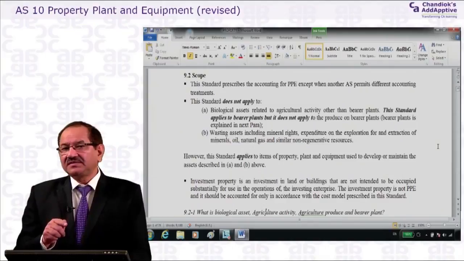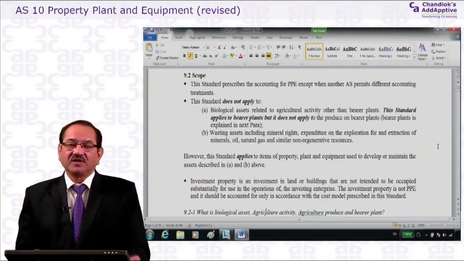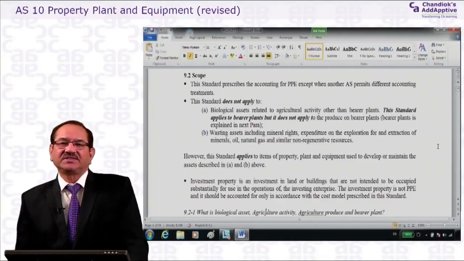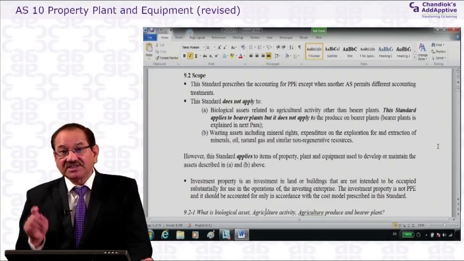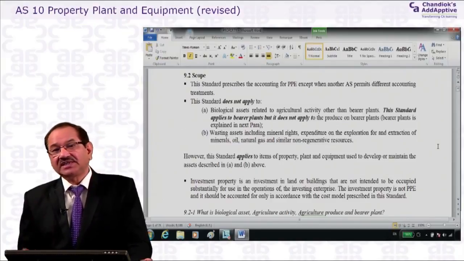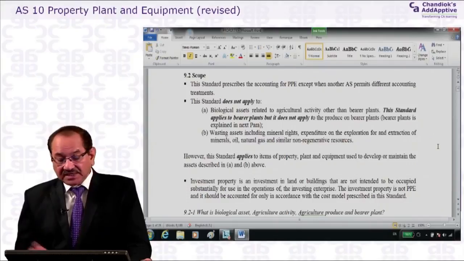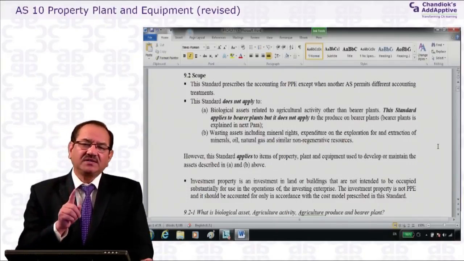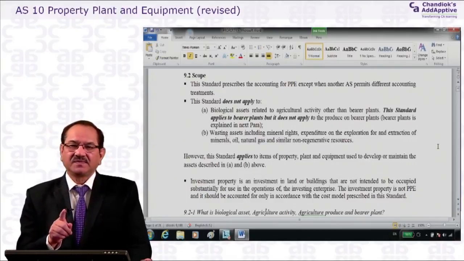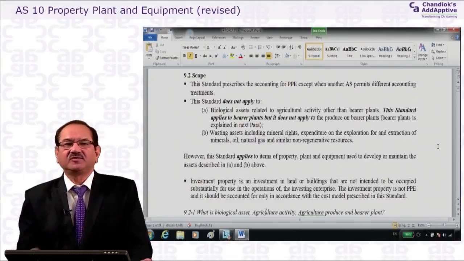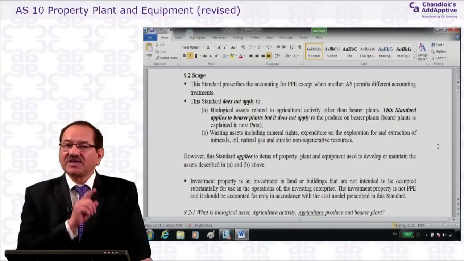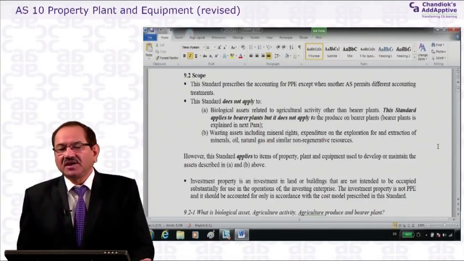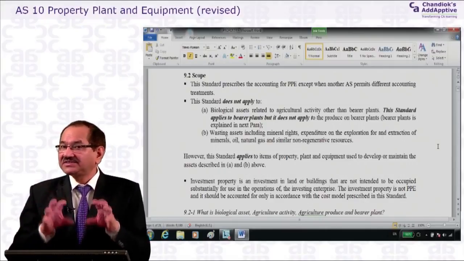But in this standard, there is one difference here, which was not there earlier in fixed assets. It says biological assets related to agricultural activity other than bearer plant, meaning only the bearer plant is a property, plant and equipment, which was not there earlier in fixed assets. Now, the bearer plant is a fixed asset.